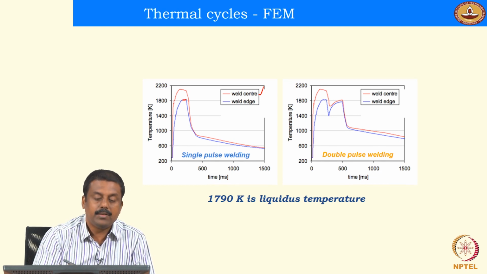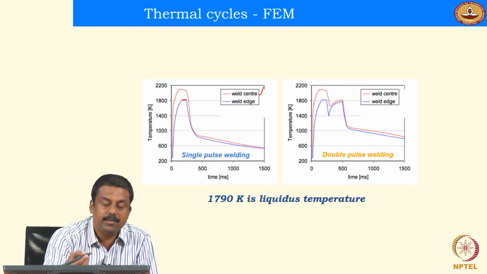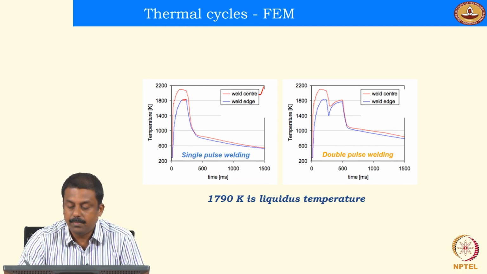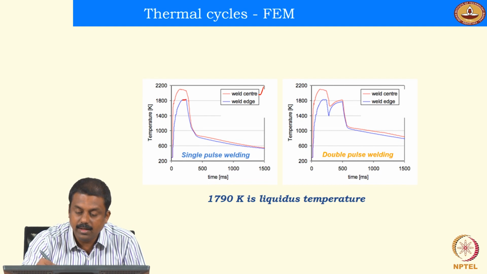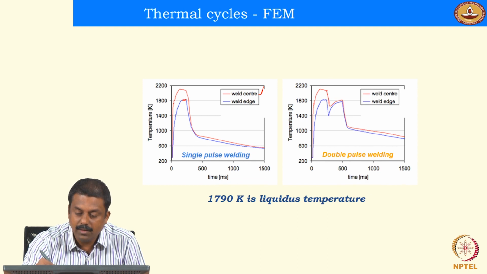Okay. In a single pulsing, we are not doing any heat treatment. So from the peak temperature, the weld is cooled to room temperature, whereas in double pulsing, instead of cooling after forming a molten region, you cool it to some temperature, and then because of the second pulsing, the material is again heated up to another temperature, and subsequently we cool to room temperature.